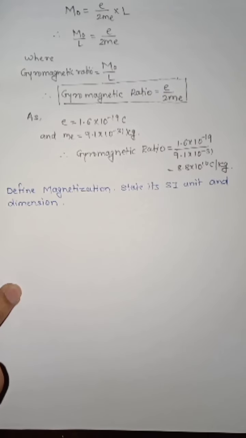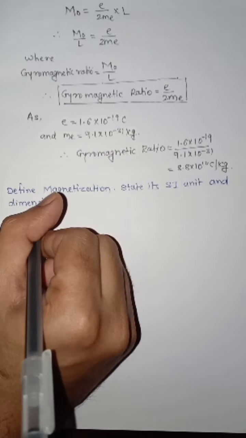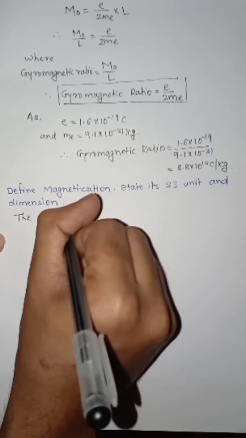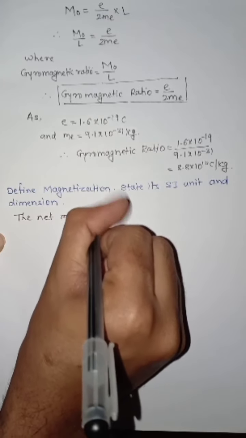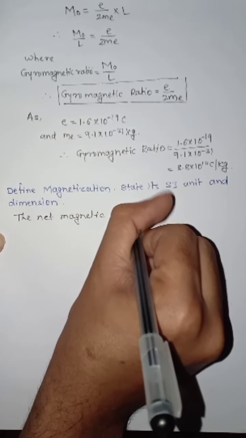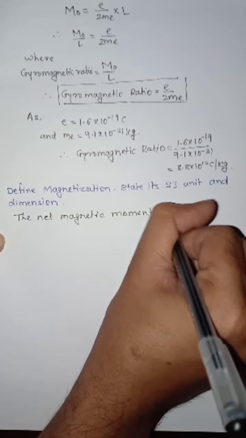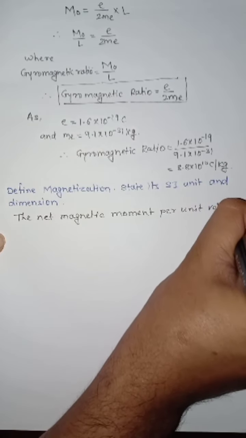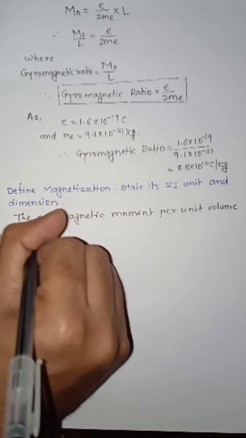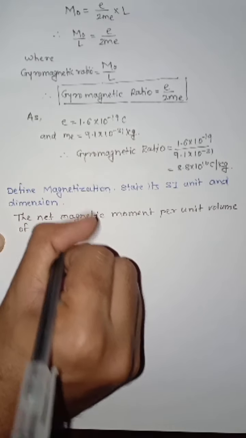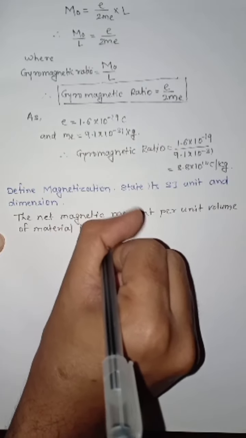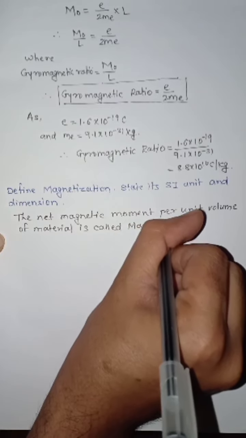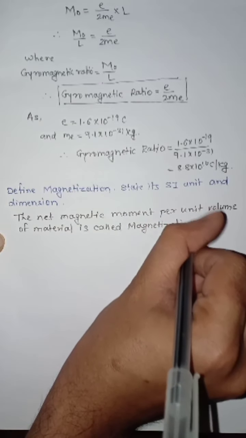The net magnetic moment per unit volume of material is called magnetization of the material.